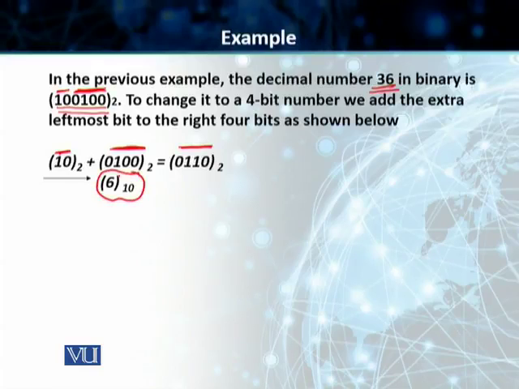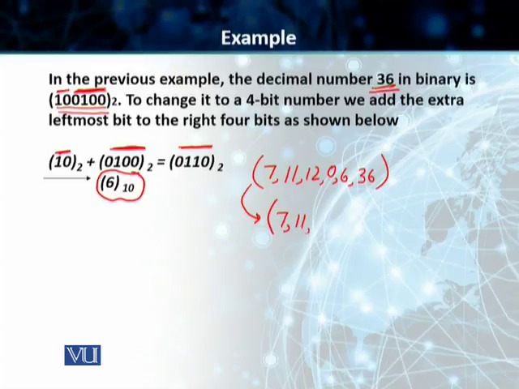So instead of sending the combination of 7, 11, 12, 0, 6 and 36, because we are using 4 bits, what we actually send is 7, 11, 12, 0, 6 and 6. Now our checksum is also a 4-bit number.